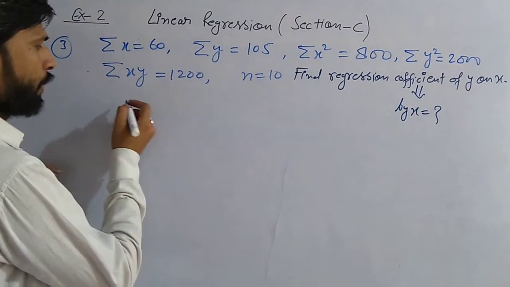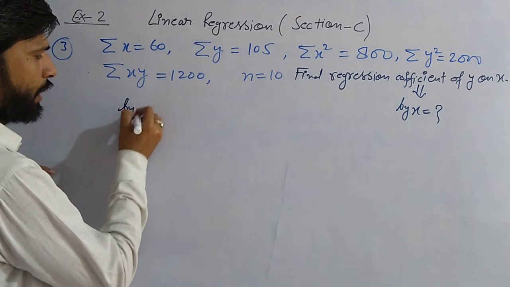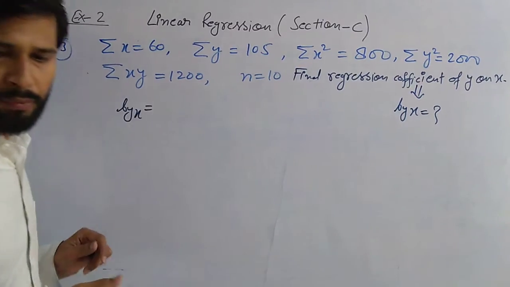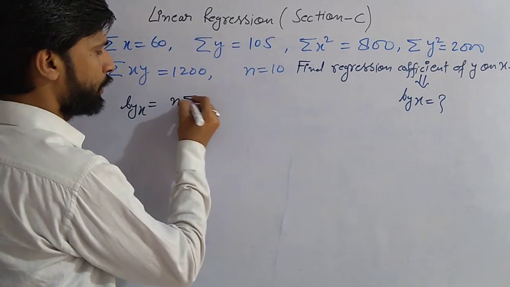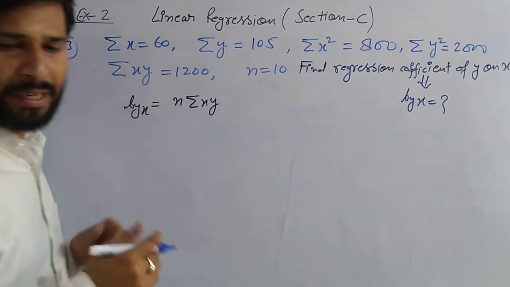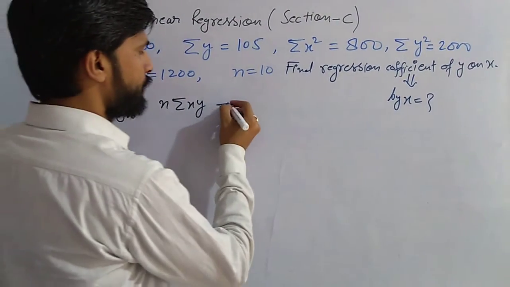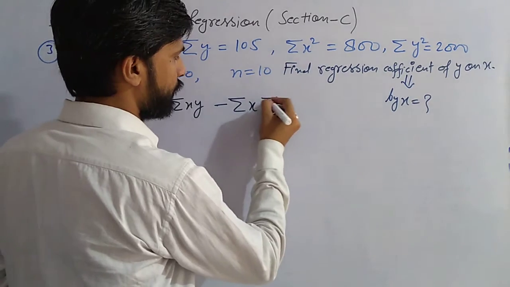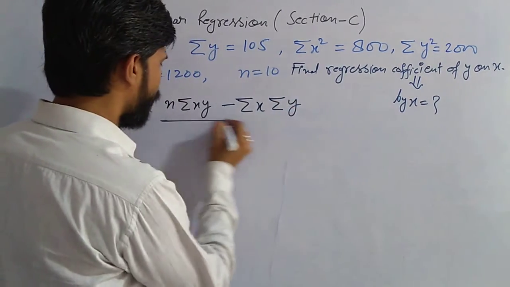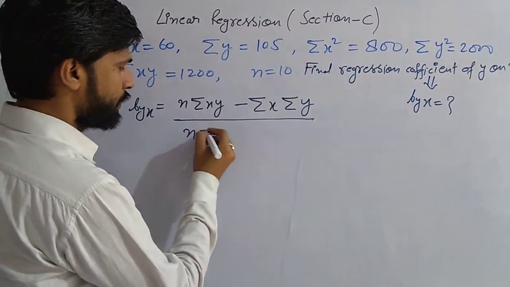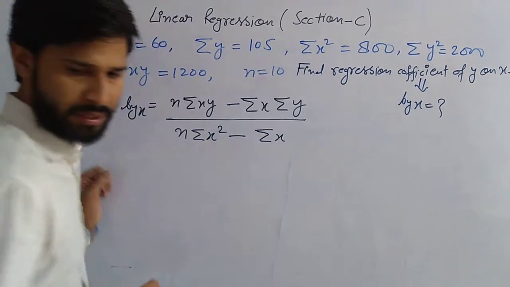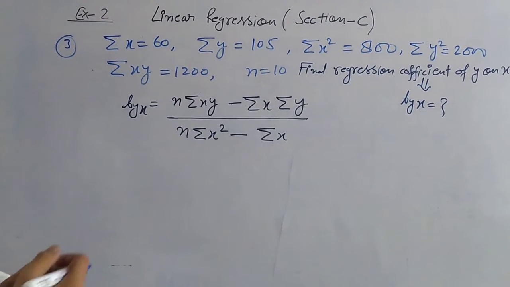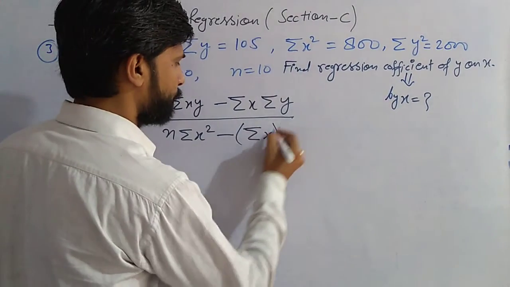Now by using the formula, Byx is equal to n times sigma xy minus sigma x sigma y upon n sigma x square minus sigma x whole square.